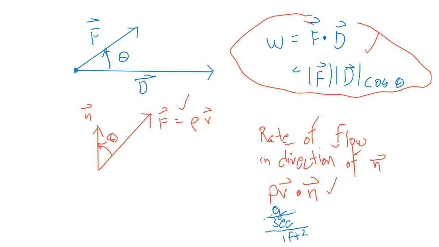Now I'm going to also multiply this quantity, which is simply the rate of flow in the direction of the normal vector, by the area of the ith patch. The area of the ith patch would be like feet squared.